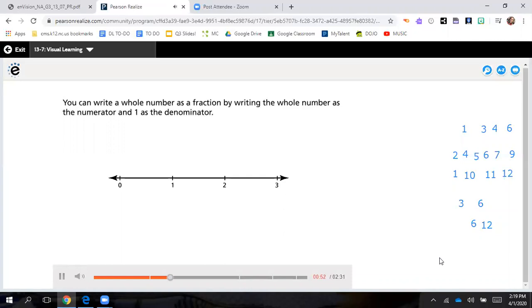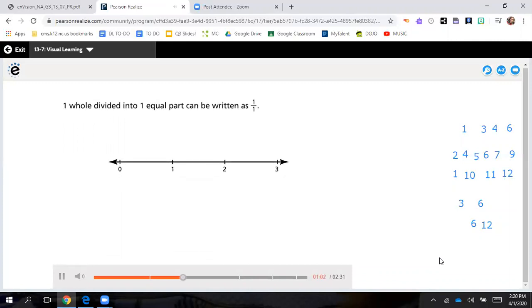You can write a whole number as a fraction by writing the whole number as the numerator and 1 as the denominator. 1 whole divided into 1 equal part can be written as 1 over 1. 2 wholes, each divided into 1 equal part, can be written as 2 over 1. 3 wholes, each divided into 1 equal part, can be written as 3 over 1.